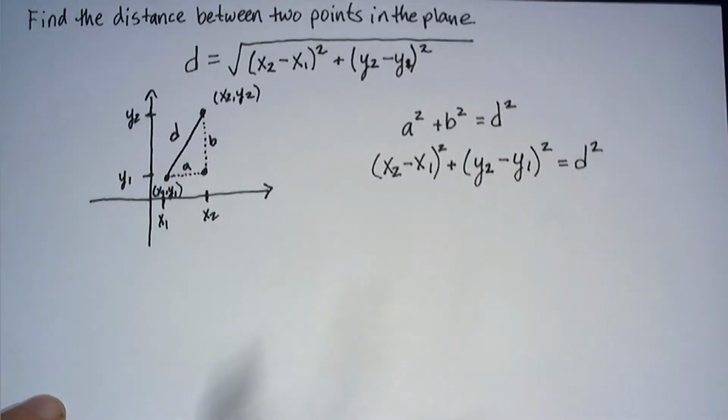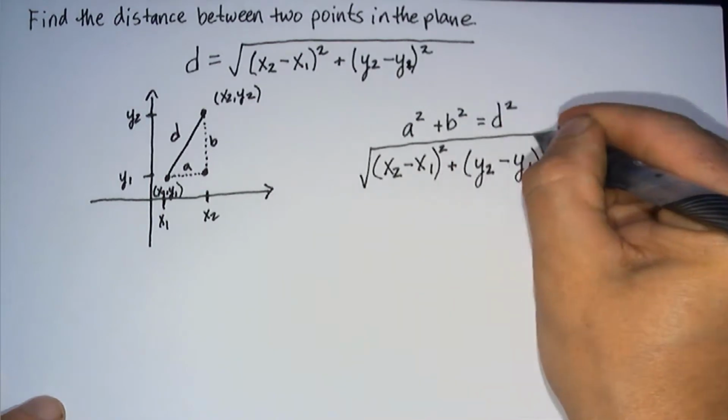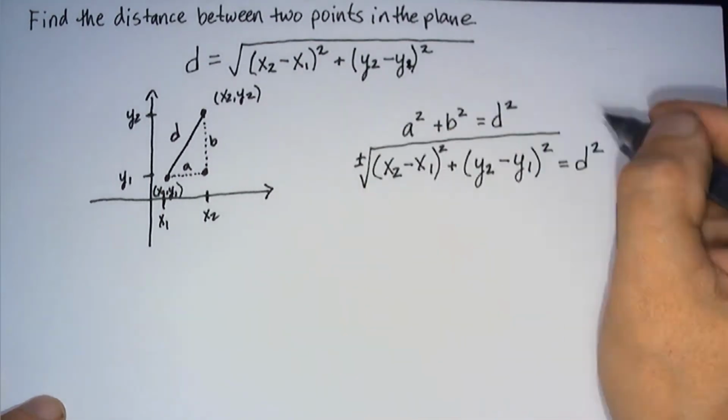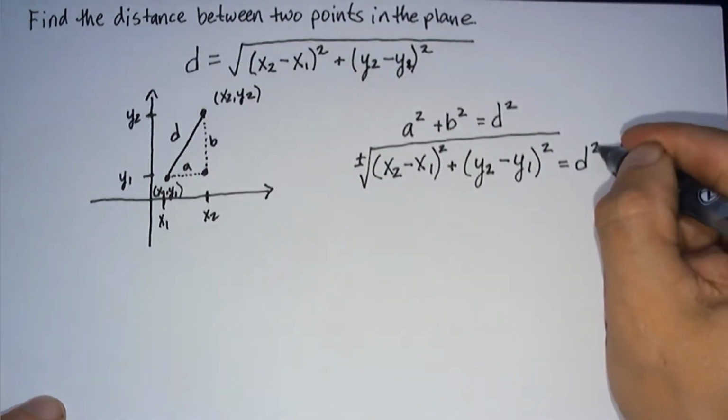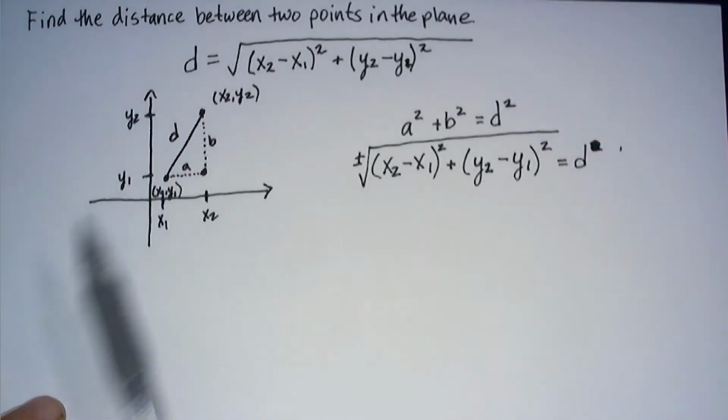So to solve for d, we take the square root of both sides. So d is plus or minus the square root. Now, this is the distance.